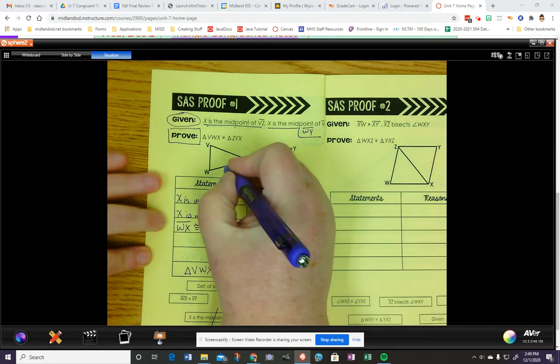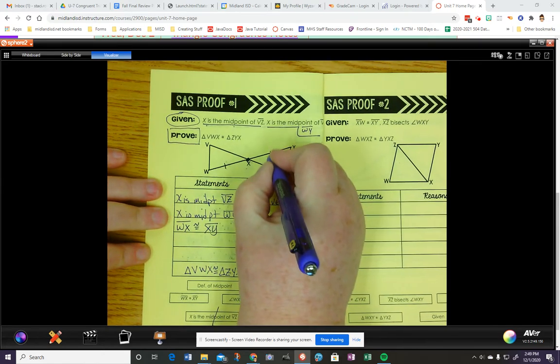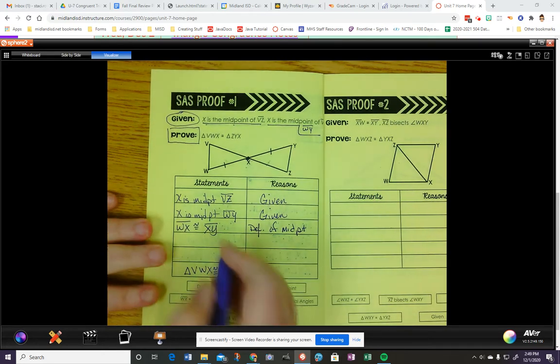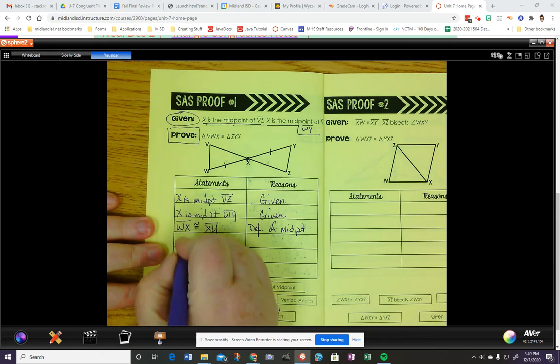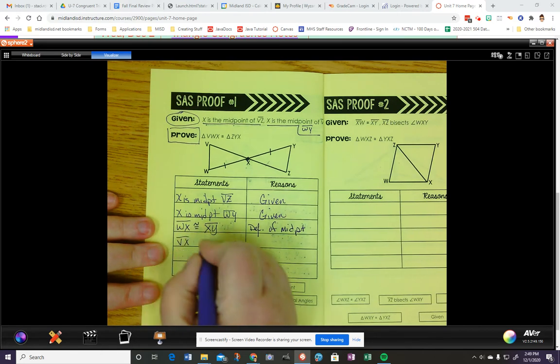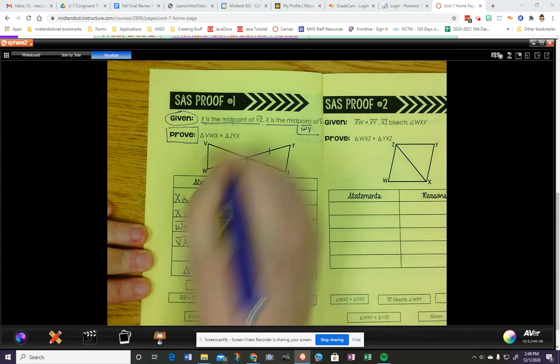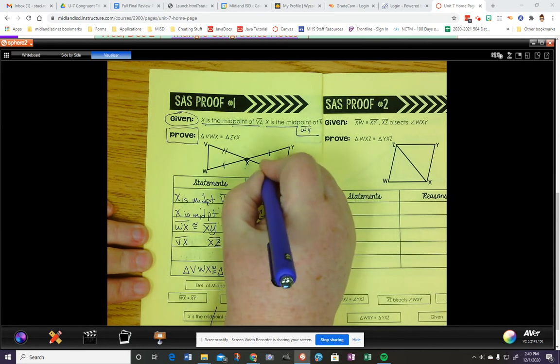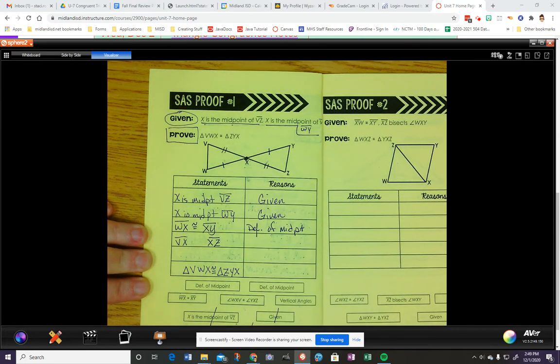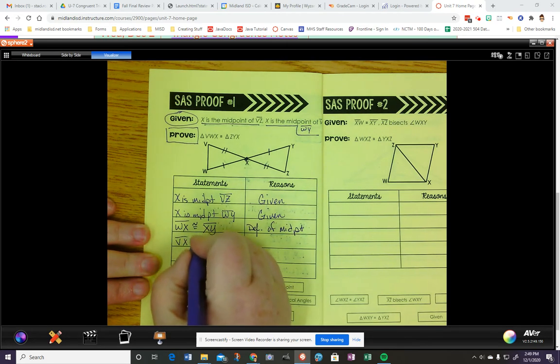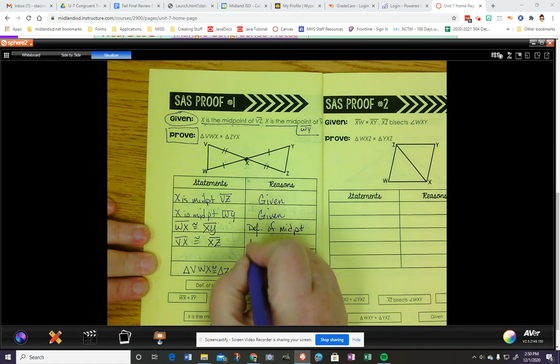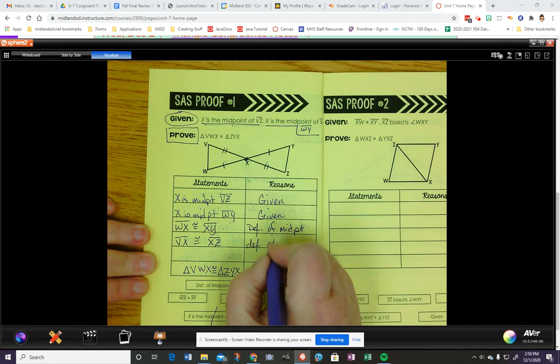So I'm going to mark that. What about VX and XZ? This one right here and this one right here. What can we say about those? Well, they are congruent also by definition of midpoint.